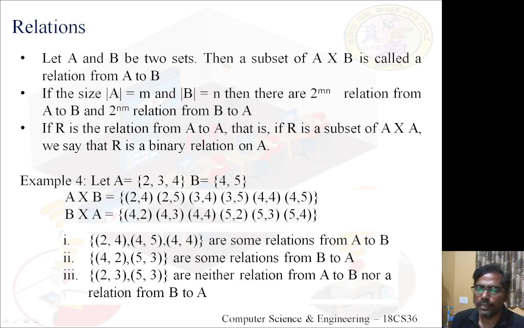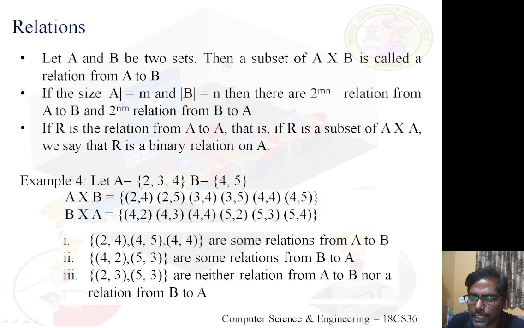Now look at the first set with 3 ordered pairs. Look on the slide. The first set with 3 ordered pairs is (2, 4), (4, 5), (4, 4).